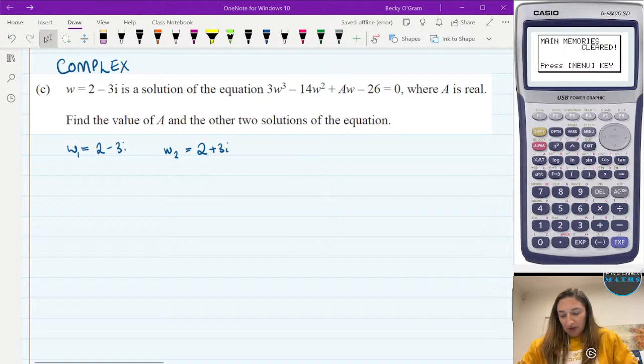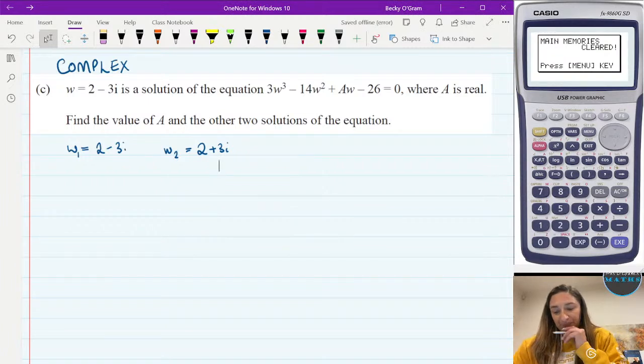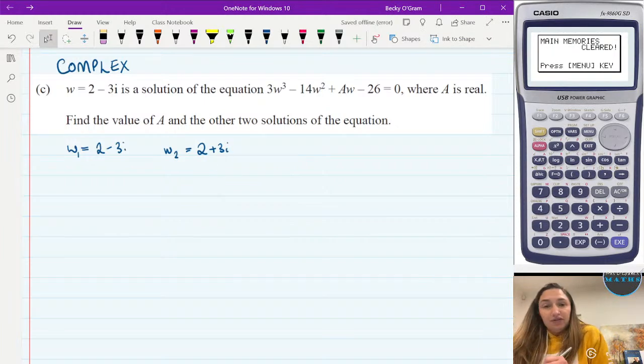All right, so we are on to needing to work out the a in this equation. So if we have 2 minus 3i as a root, then we can make a factor of the expression by doing w minus the root.